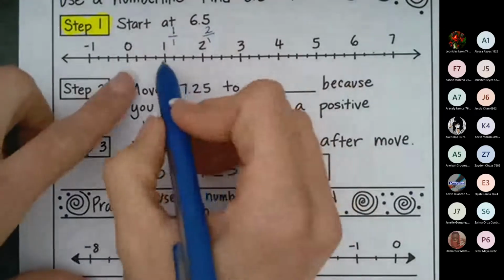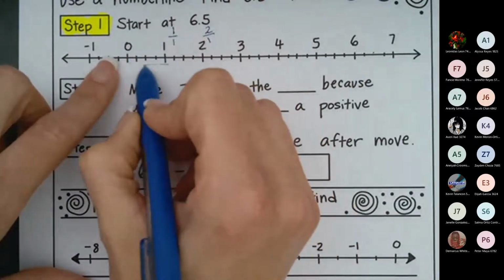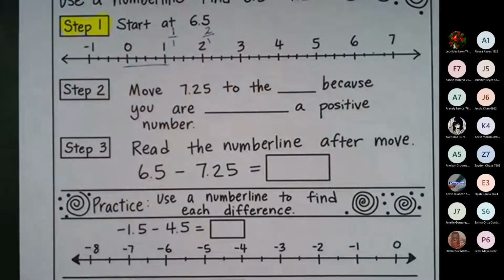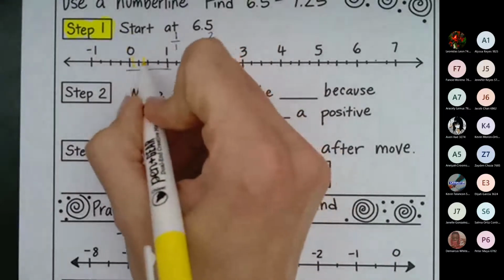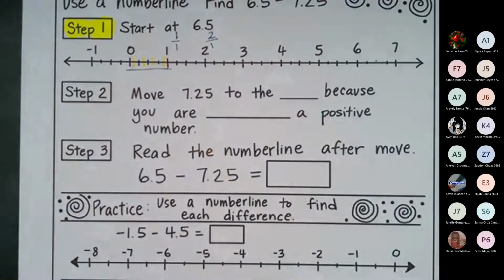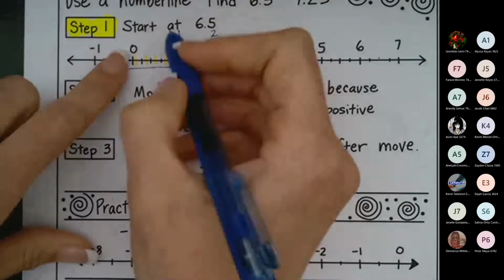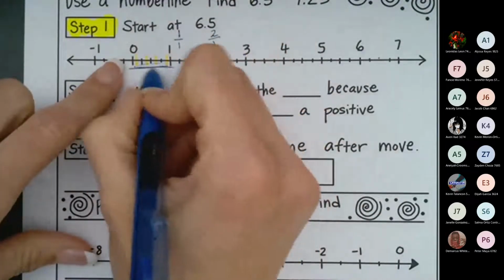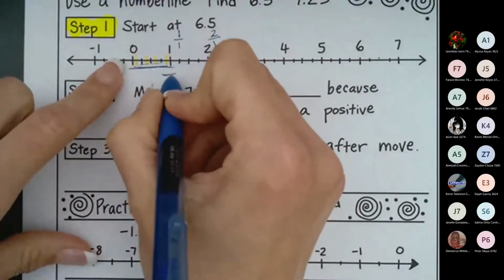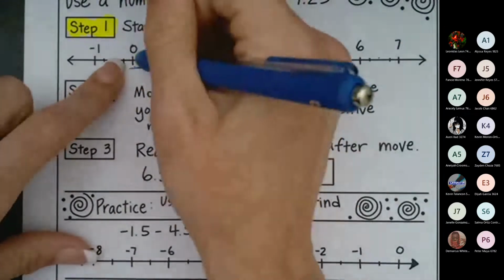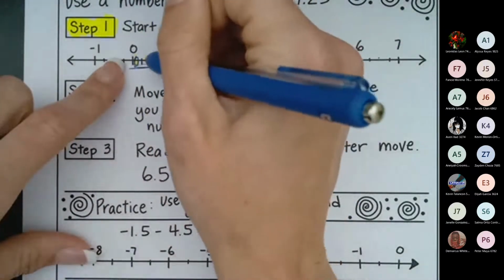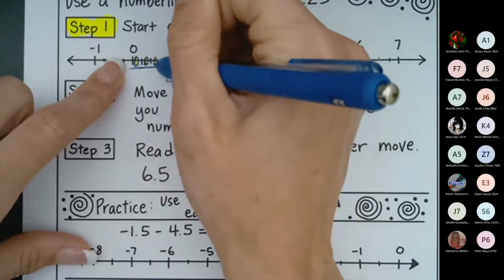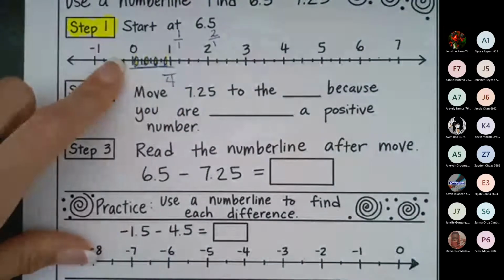Well, if I look here, between 0 and 1, I have 1, 2, 3, 4 spaces, right? That means that I divided my whole value by 4. So here's 1/4, here's 1/4, here's a 4th, here's a 4th.